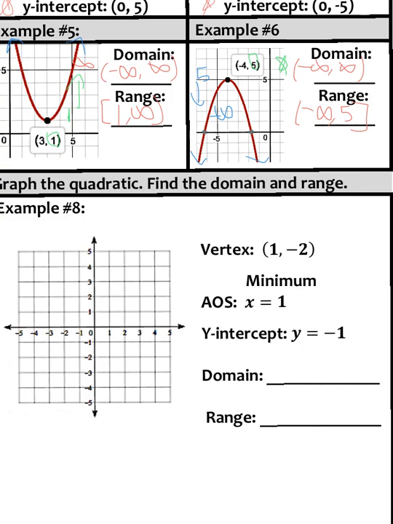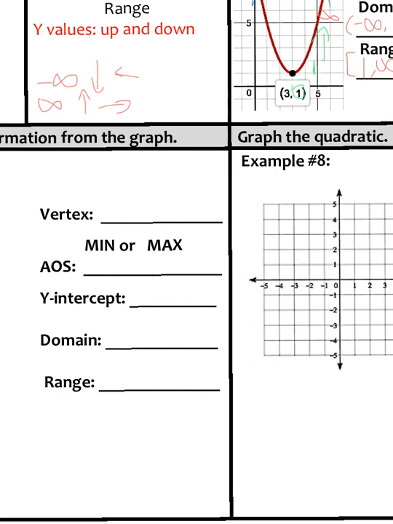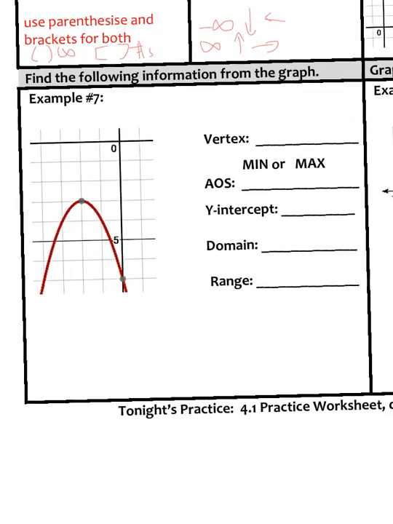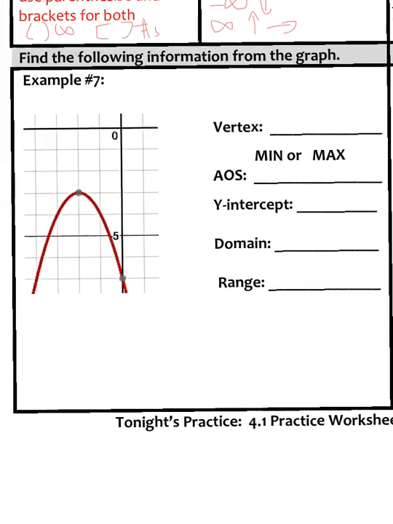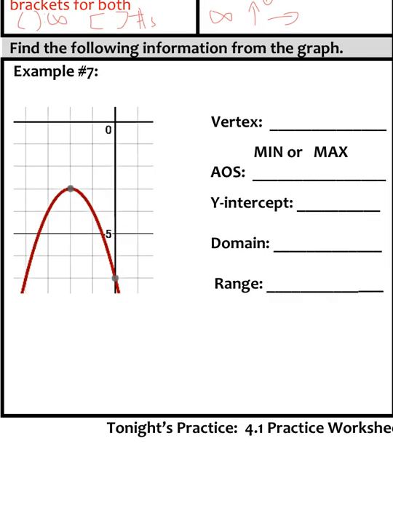So for the next two examples, we're going to put it all together. I give you a graph, and we're going to find all the information. So the vertex, -2, -3. We have a flipped U, so that is a max. We use our x value for x equals -3.